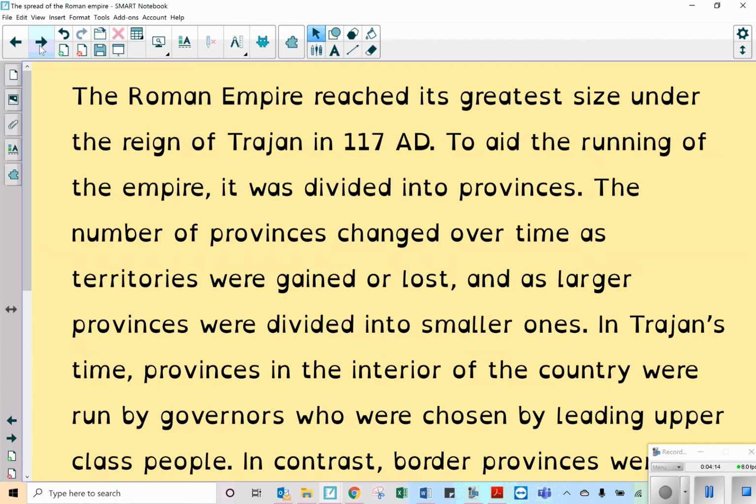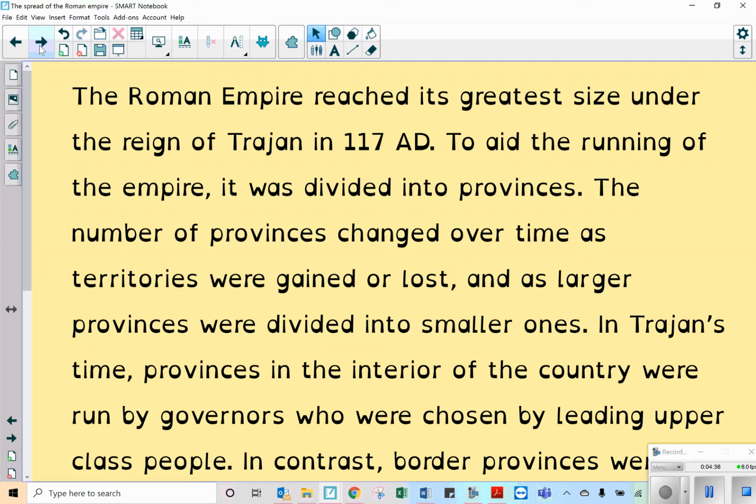The Roman Empire reached its greatest size under the reign of the Emperor Trajan in 117 AD. To aid the running of the empire, it was divided into provinces, which is a bit like dividing it into states or dividing it into counties like we have in the United Kingdom.